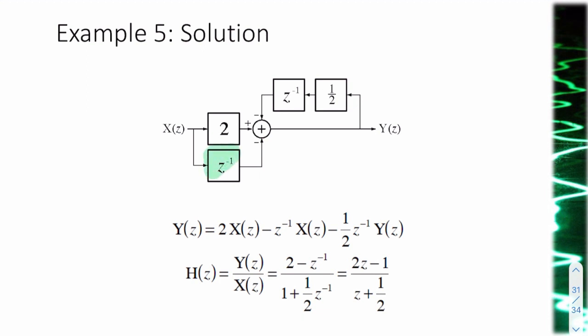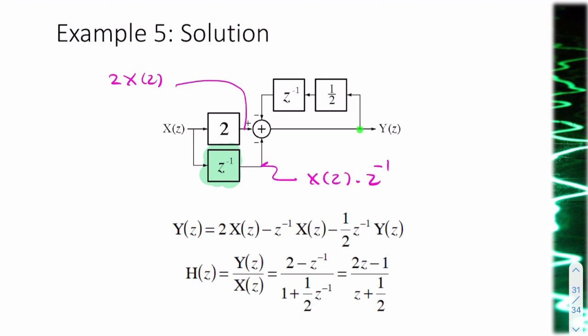So this is a delayed version of x of z. So what you have here is x of z times z to the minus 1. What you have here is 2 times x of z.